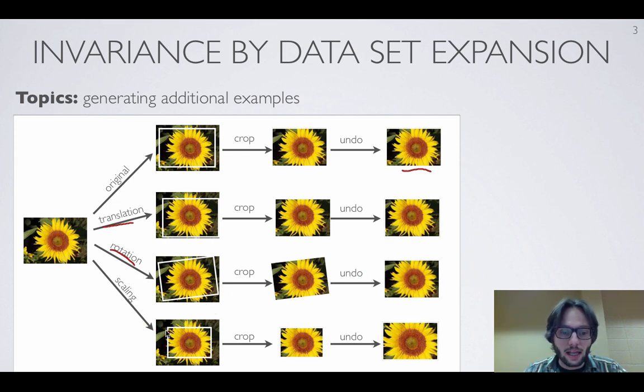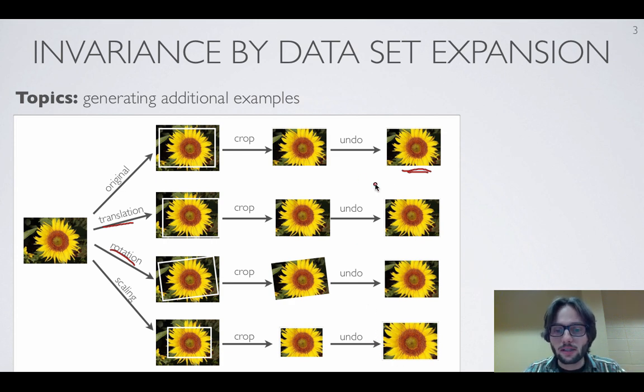And similarly for scaling, we could just take the cropping window and instead change its size. If we made it smaller, then we would crop fewer pixels, and then we could undo this cropping by scaling back to the same size as the original image, in which case we'd get a zooming operation. So we'd be changing the scale of the actual image.